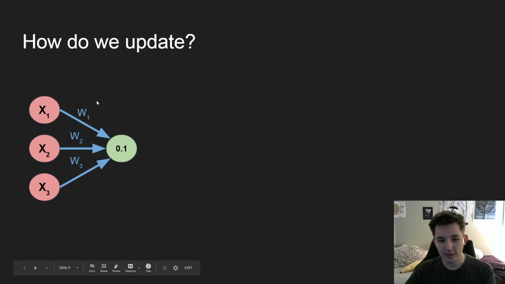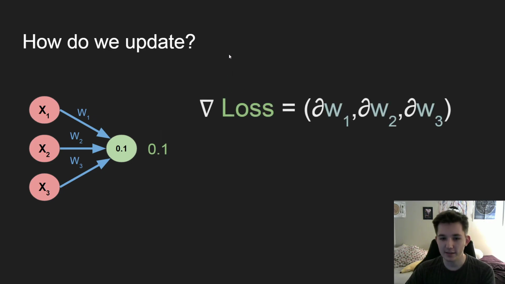So we have this and we have our loss coming through. And what we want to do is find the gradient of our loss. The gradient of our loss, in this very simple case, is the partial derivative of every single one of its parameters with respect to loss.